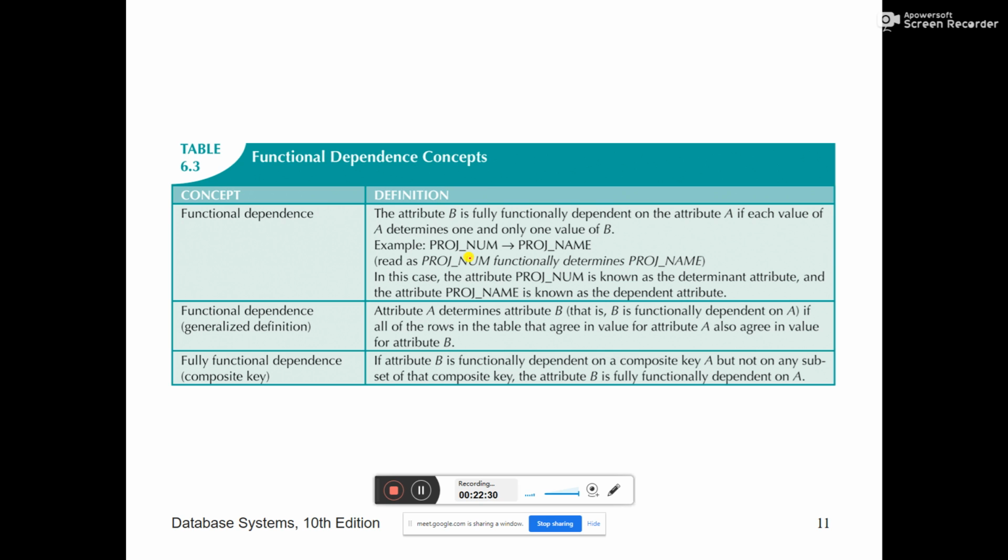And for any relation R, attribute Y, I think I should write it. Any relation R is our table.